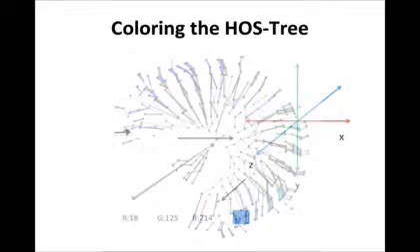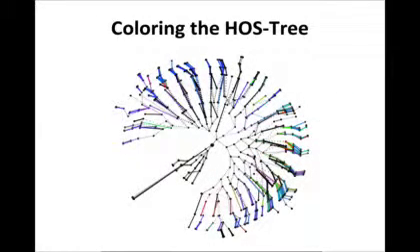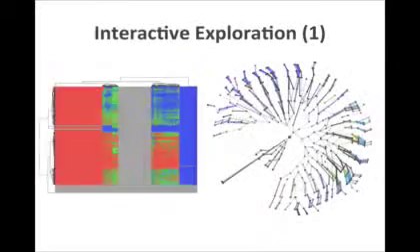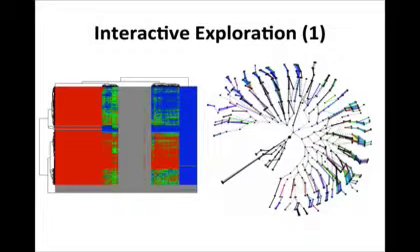The 3D vector is converted into RGB color by normalizing X, Y, Z into red, green, and blue. In addition, for interactive exploration.